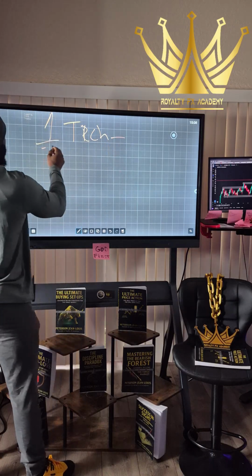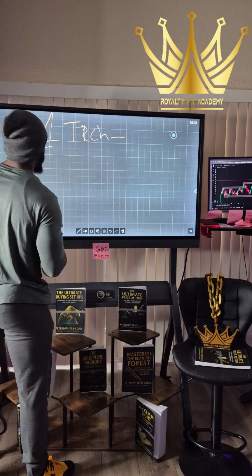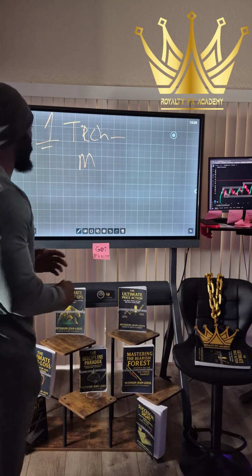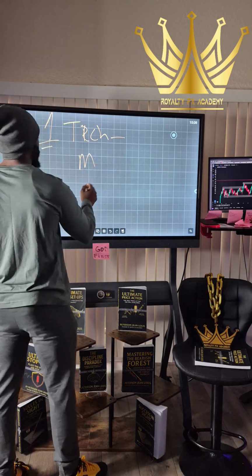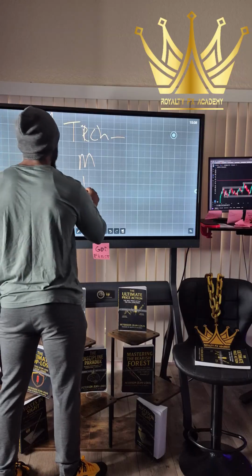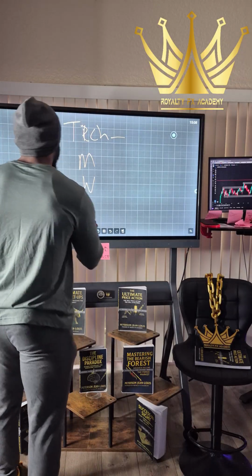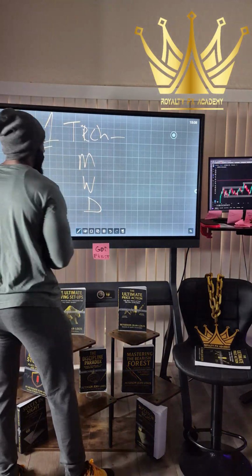You always want to use your highest possible time frame, starting with the monthly time frame, to see where the market is going, and then the second highest is the weekly, and the last time frame for your highest is going to be your daily.